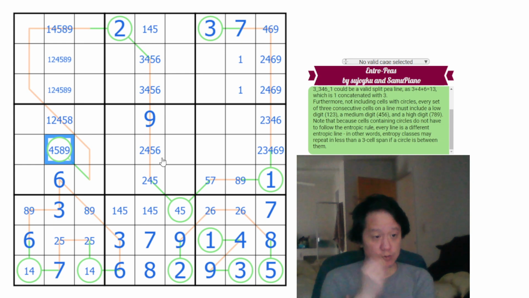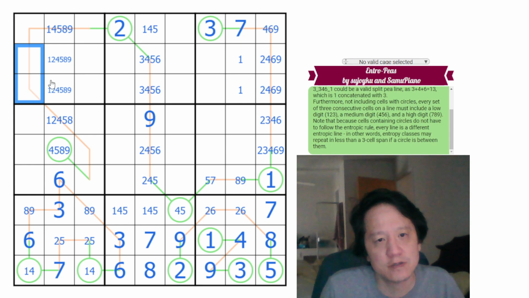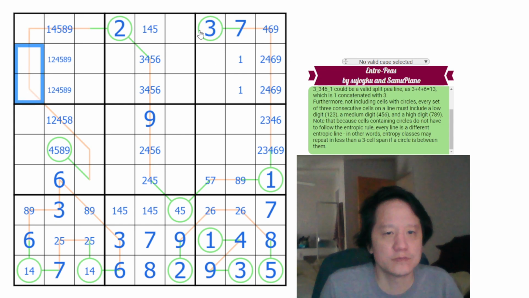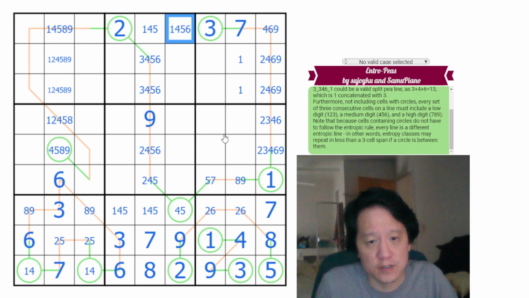24. Can it be 24? Well, first of all, we know this cannot be 1, 4, and 5 and 2, 3. So it could be 1, 4, 6, 2, 3. This is 1, 4, 5, 6. No 7, 8, no 9.